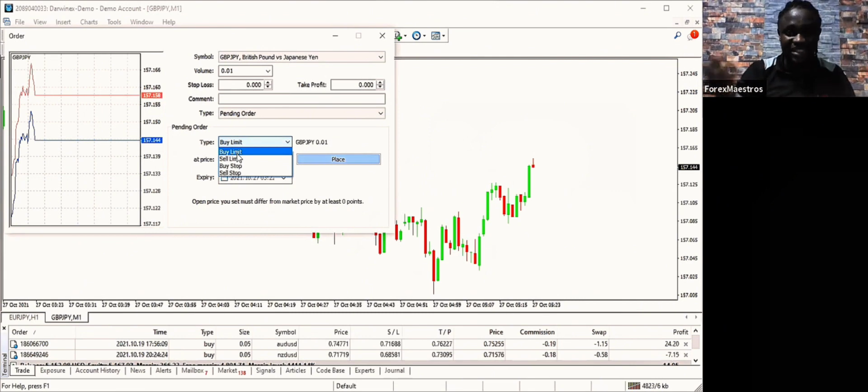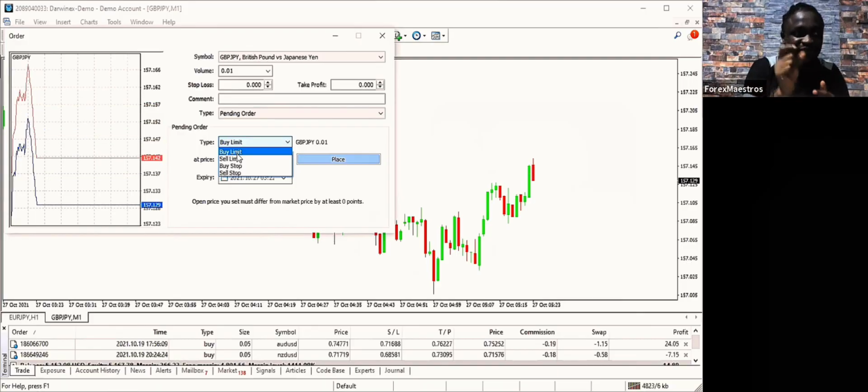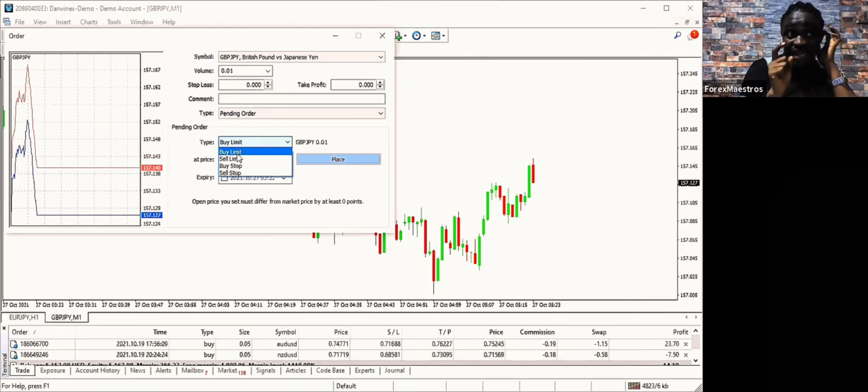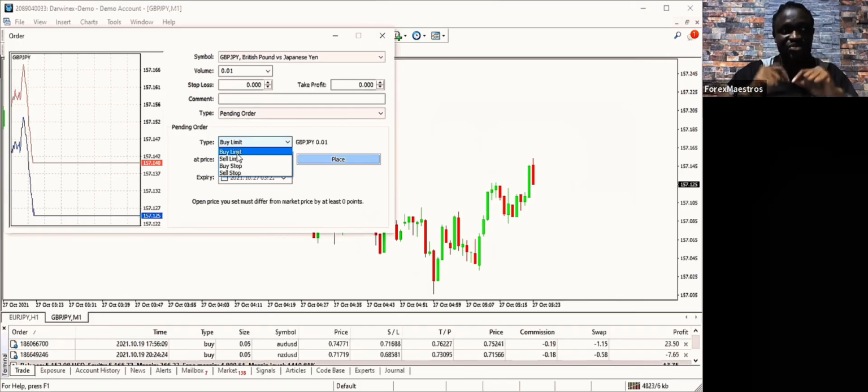But if dollar is 600 or 580 now, if it comes down to 570, that is buy limit. So I'm waiting for dollar to come down to buy at 570. I know it's going to 600. I know it's even going to 1,700. But I'm saying if it comes down to 570, I'm going to enter dollar. That's what you mean by buy limit.